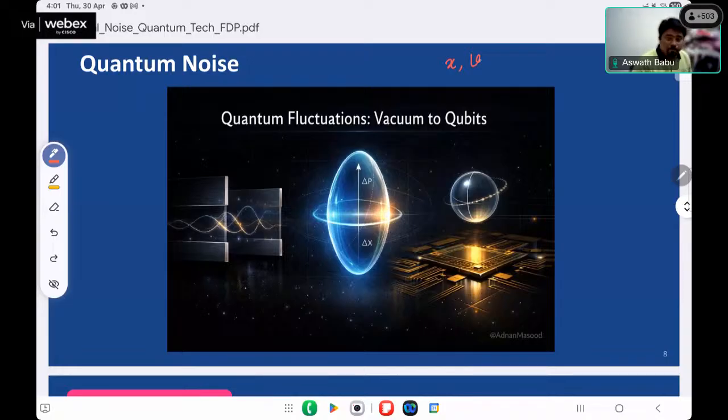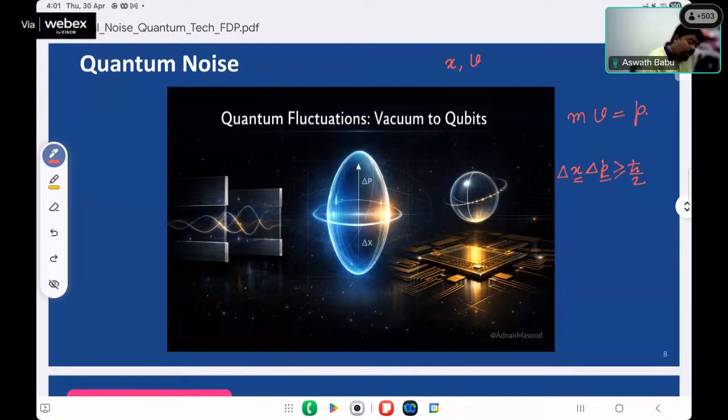If you multiply the velocity with the mass, it becomes linear momentum P. The Heisenberg uncertainty principle says delta x into delta P is always greater than or equal to Planck's constant by 2, which means you cannot measure position and velocity perfectly.